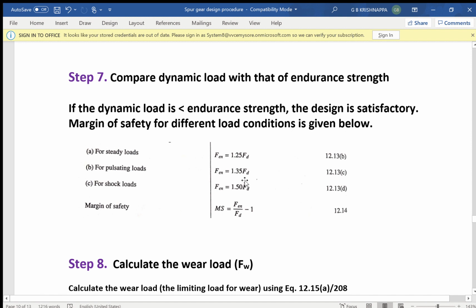For steady load, FEN is equal to 1.25 FD, for pulsating load, FEN must be equal to 1.35 FD, and for shock load, the endurance strength must be equal to 1.5 times FD. Margin of safety can be calculated using this expression: MS is equal to FEN by FD minus 1.